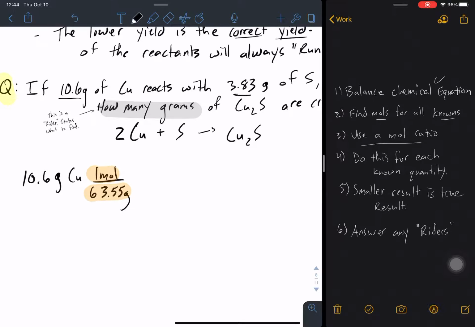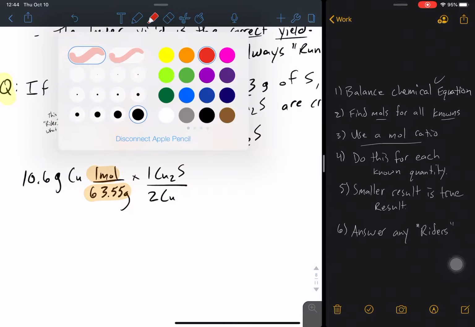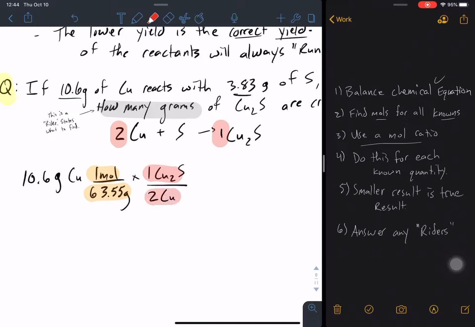So I know that I'm dealing with two coppers for every one, and if you don't see a number in front there's an imaginary one there. So I know that I have 2 coppers for every 1 Cu2S. I always want to put what I want on top. So I have 1 Cu2S for every 2 coppers that I have. Again, just for the color here, I'll show you that this mole ratio step is in red.